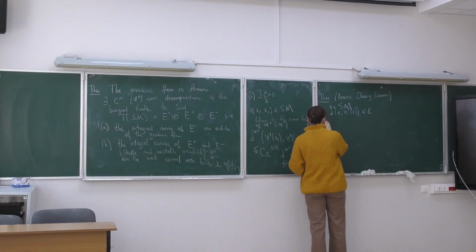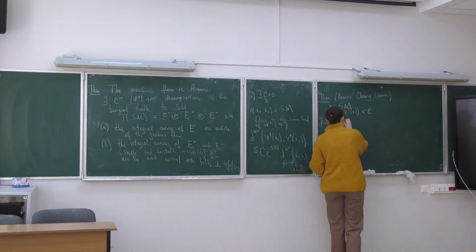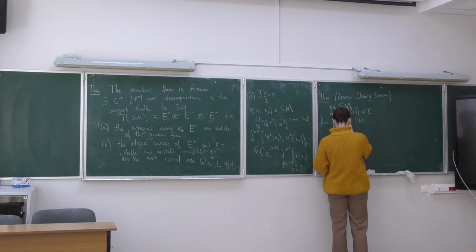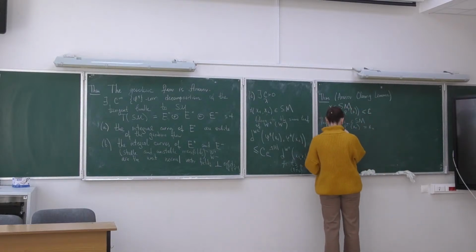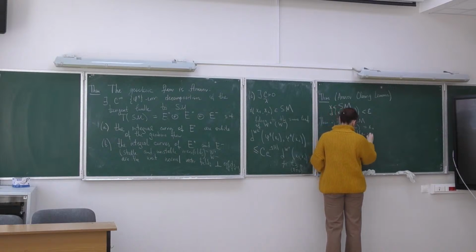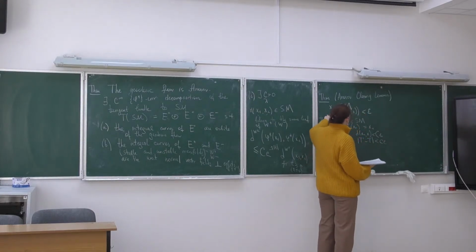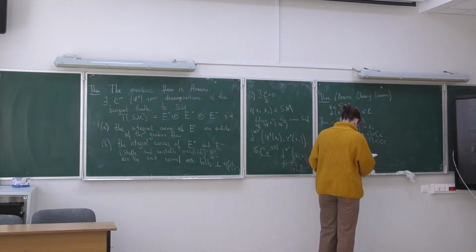Then there exists a point that is not far from our point, which is a genuinely periodic point, and we can measure the distance between them and control the return time with respect to the time that we took to come back to the same neighborhood, not necessarily to the same point.